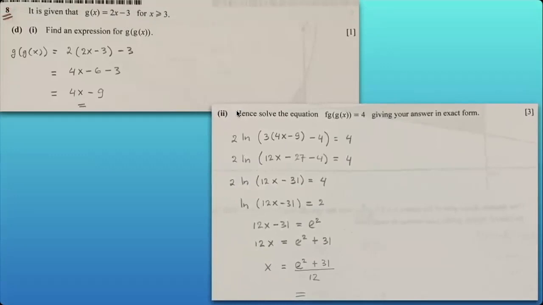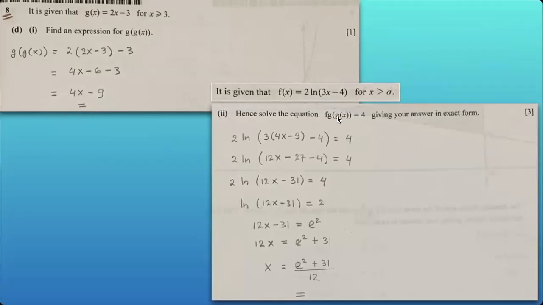Okay, next, question 8D2. Hence. Hence means use the previous result. Solve the equation f of g of g of x is equal to 4, giving your answer in exact form. And this is function f from the earlier part of question 8. F of x is equal to 2 ln 3x subtracted by 4.